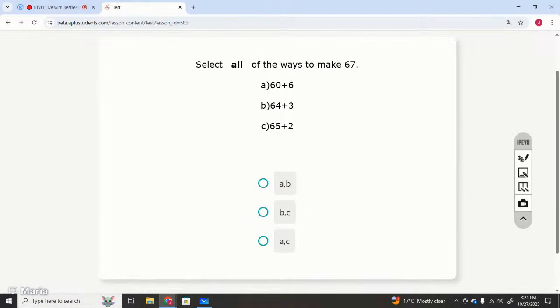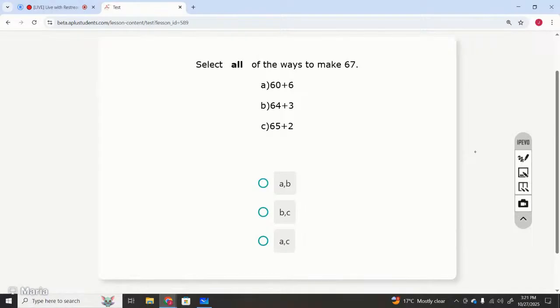Select all the ways to make 67. 67 we need to make.